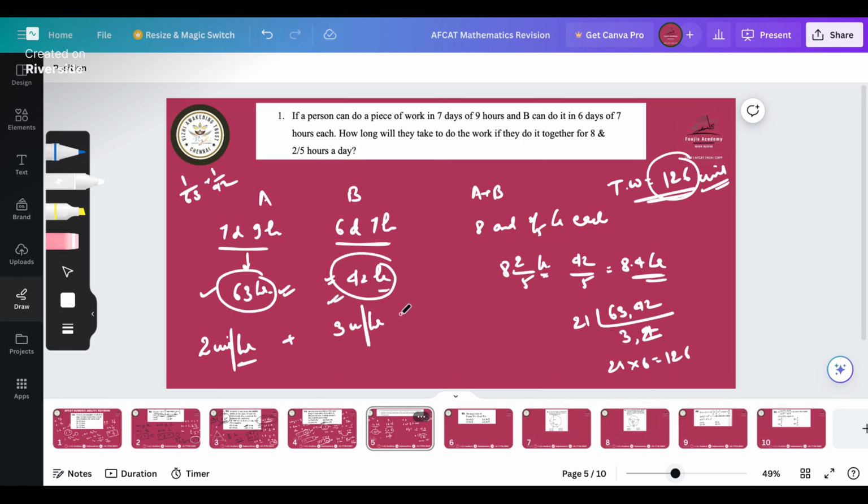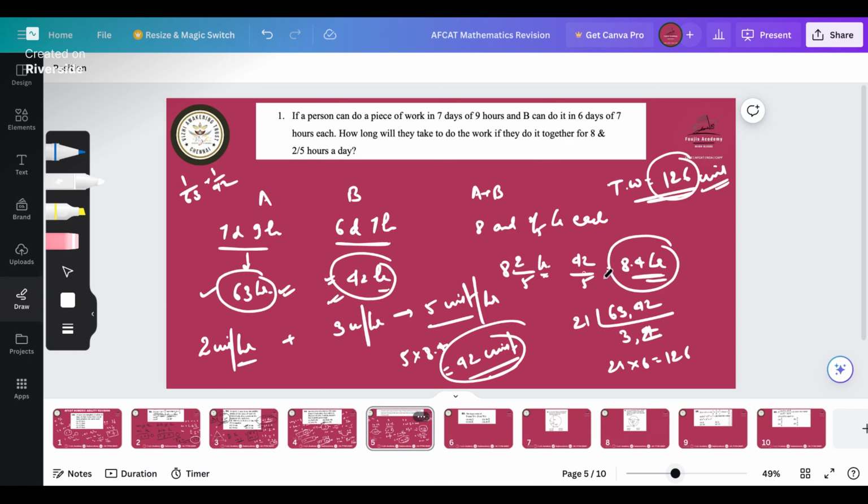Together, in 1 hour they will do how much? 5 units of work. They work together for 8.4 hours a day, so 5 units is done every hour. So 5 into 8.4 is how much? That is 42. 42 units of work are done by both of them.